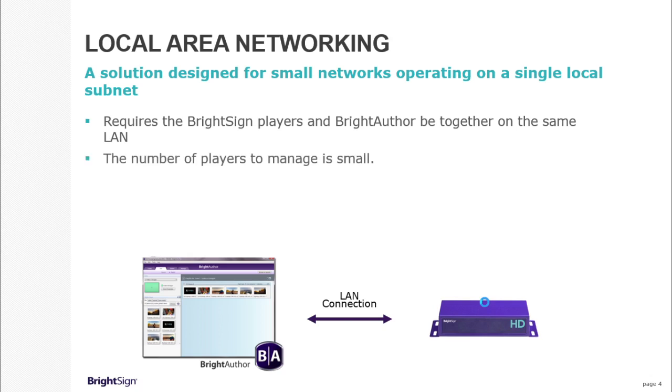The number of players to manage shouldn't be particularly large, or this method will be inconvenient, since you can only publish to one player at a time using this method. What actually happens is that BrightAuthor is writing through the player directly to the player's memory card. But this is a very good solution where you have a small number of players to manage and you're all together on the same LAN.